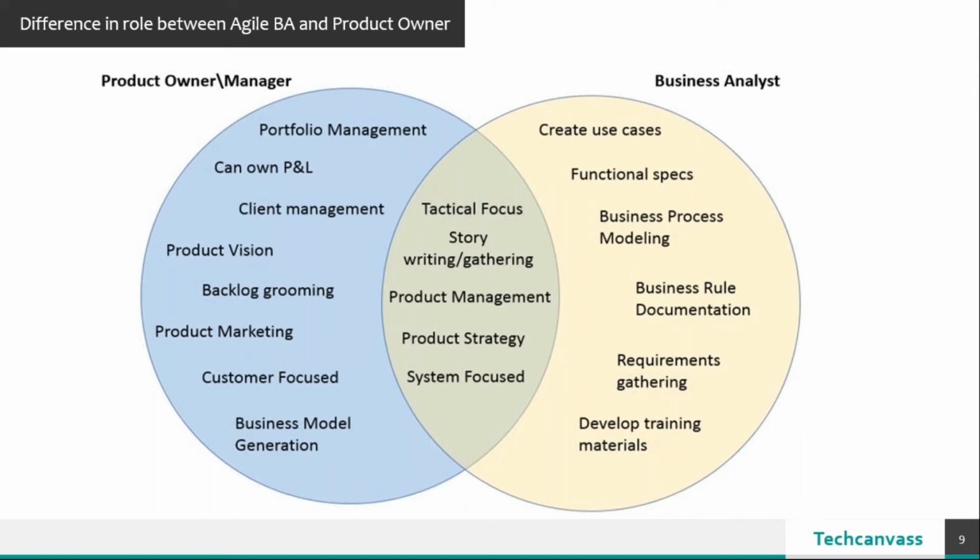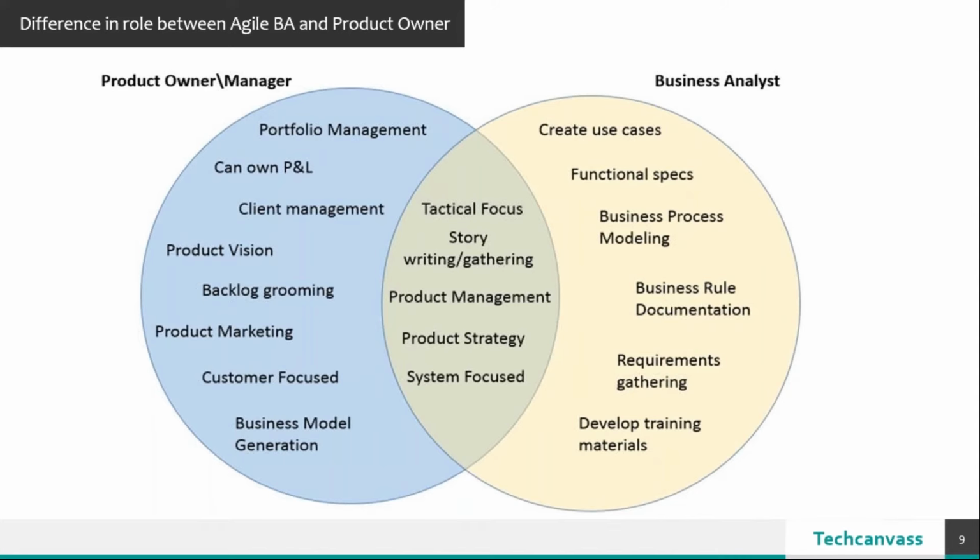And eventually the business generation model, so you think about what next in the business, how you want to expand your current product, and what new features you would add to increase your business model. So these are the typical work or features of the product owner.